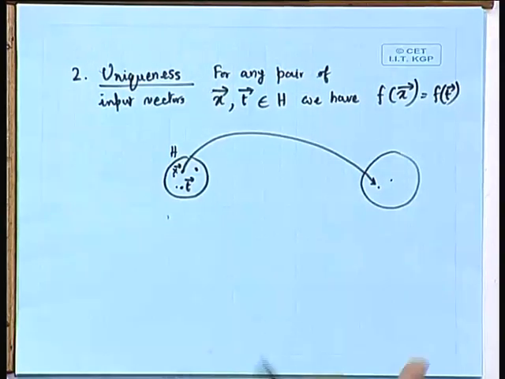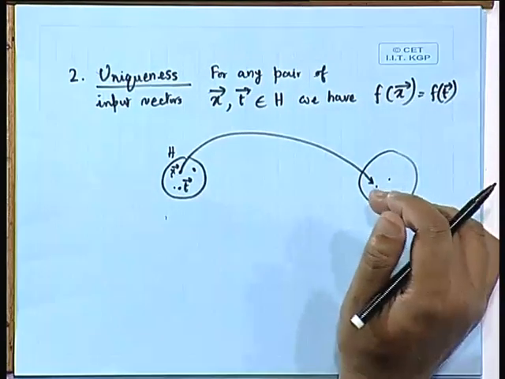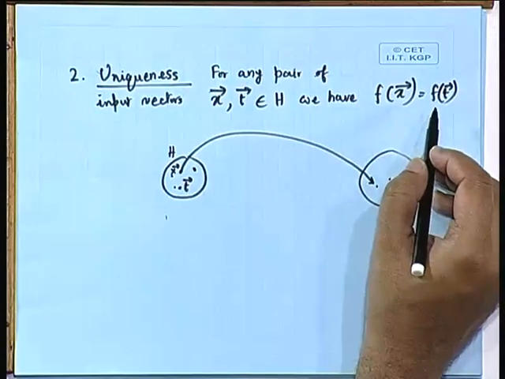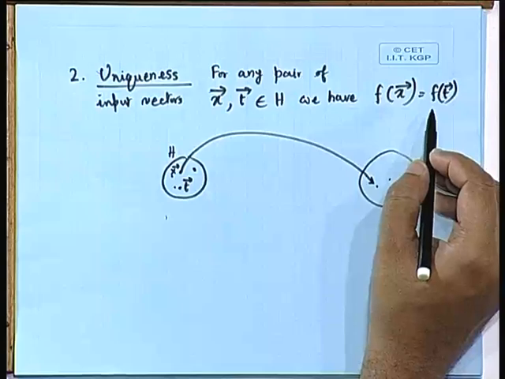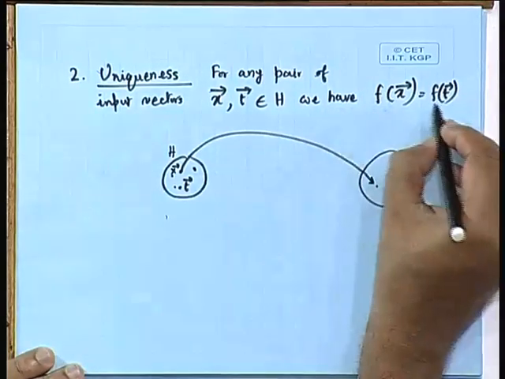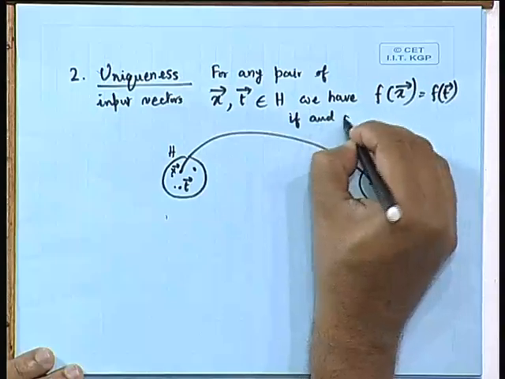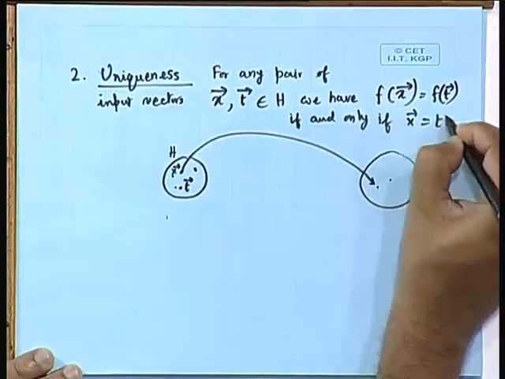If all the mapping is distinctly different, then it is unique. So, under what condition will f x be equal to f t, taking any pair? Only when x is equal to t. So, we have f x is equal to f t if and only if x is equal to t.